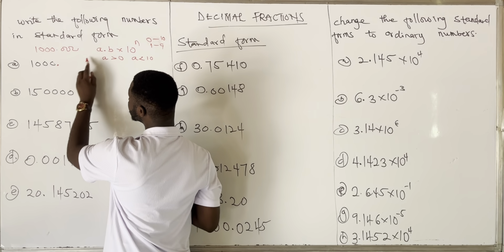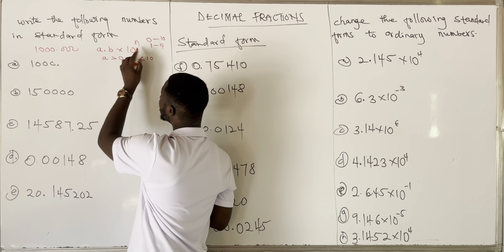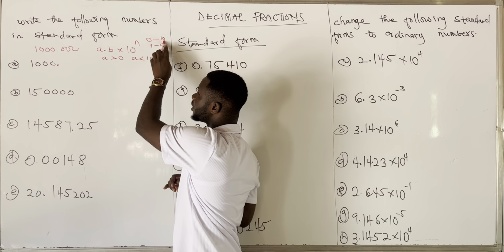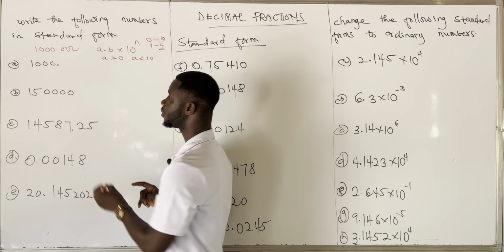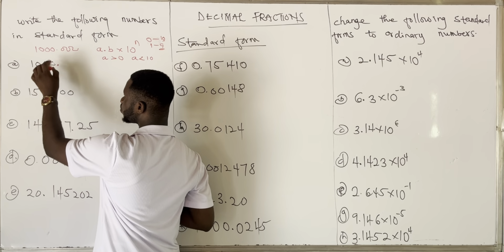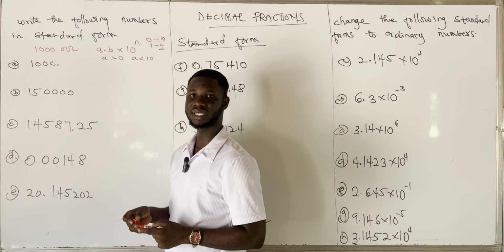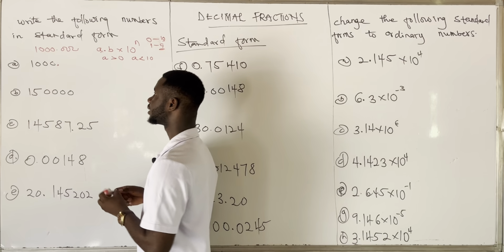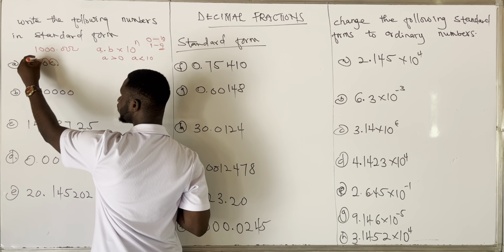Now, you can see that if the point is here, the a is more than 10. But we have to get from 1 to 9. So we have to move this point to a place where the first number must be less than 10. So we can move it 1, 2, 3.